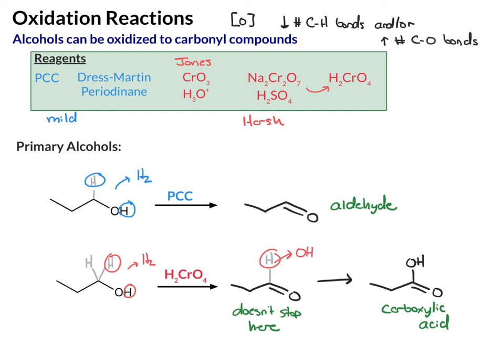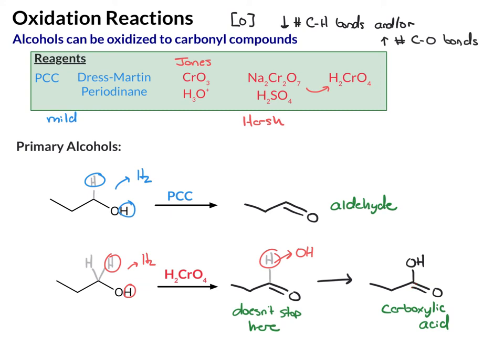While this step is different from the first, where you lost two hydrogens and here you only lost one, it's still an oxidation step. We're decreasing the number of carbon-hydrogen bonds: we had one, now we have none. We're increasing the number of carbon-oxygen bonds: we had two in the double bond, now we have 1, 2, 3.